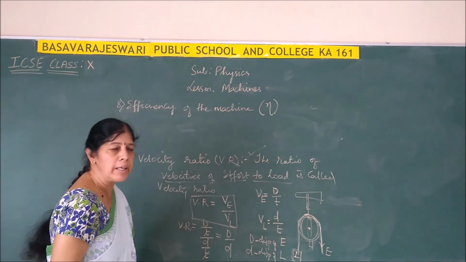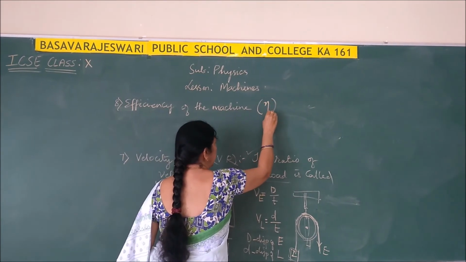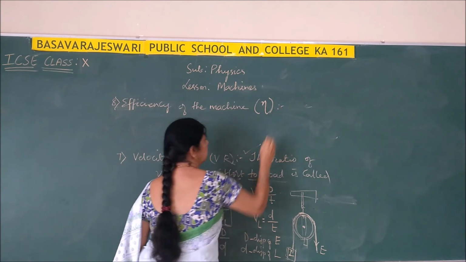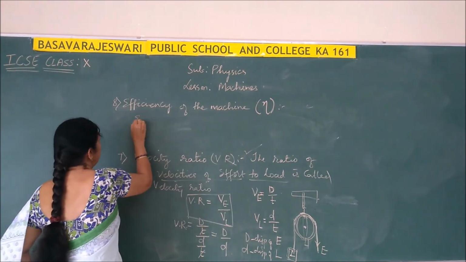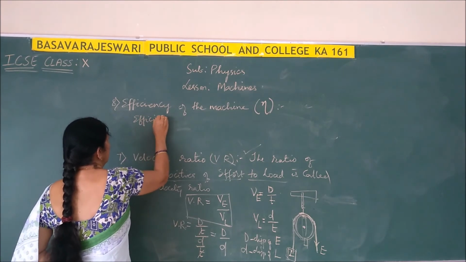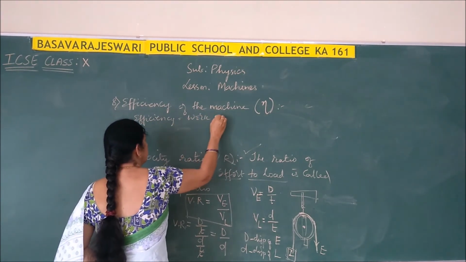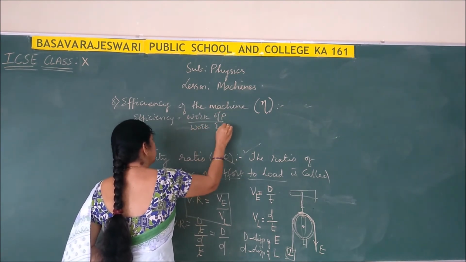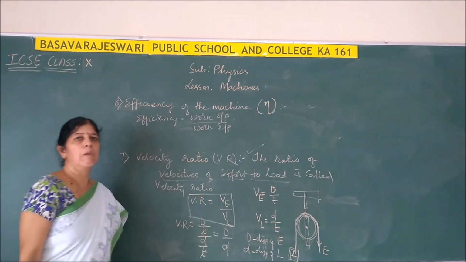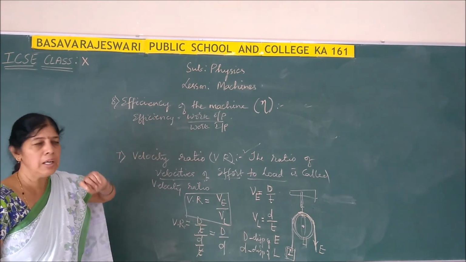Eta is a Greek letter and how we have to write it? Write small n with the tail. That is called eta. And that is called efficiency of the machine. Now, efficiency of the machine is generally given by work output by work input.